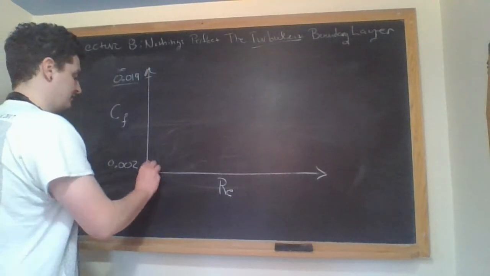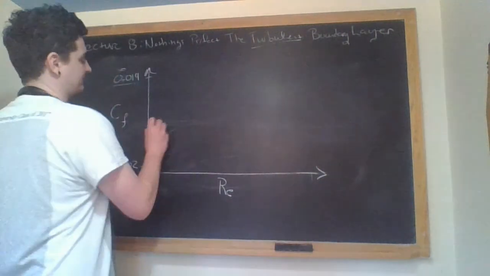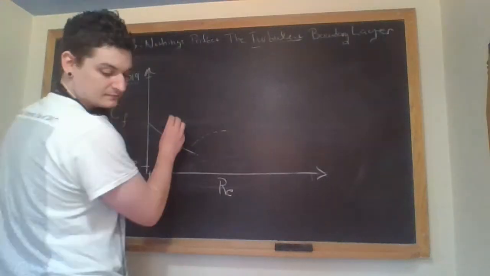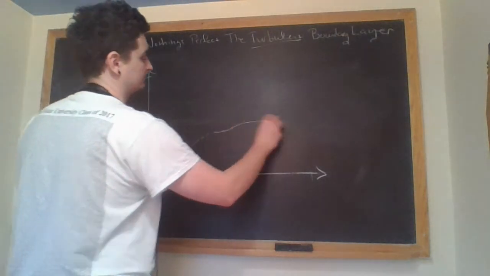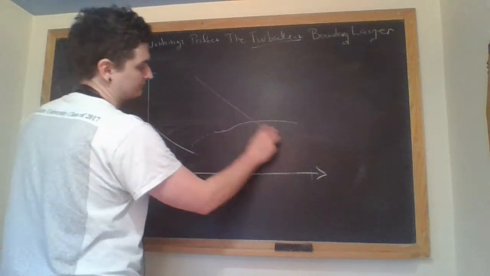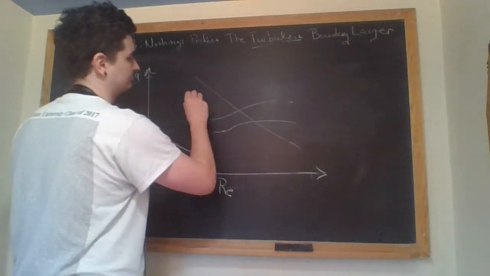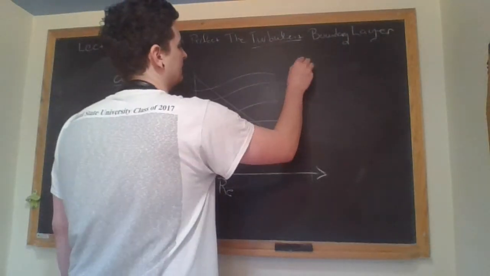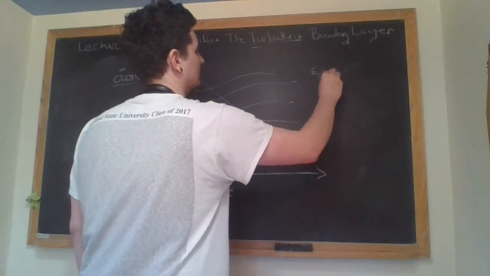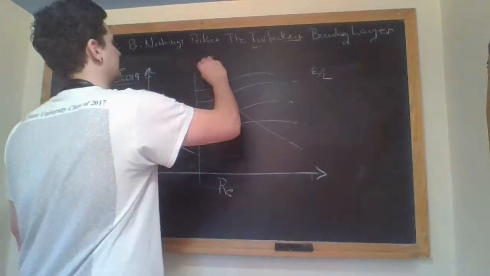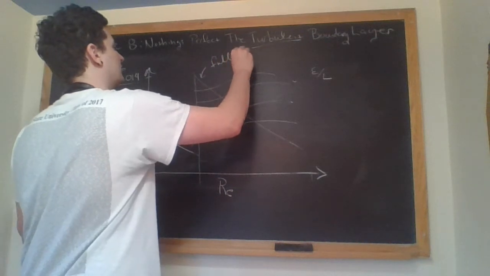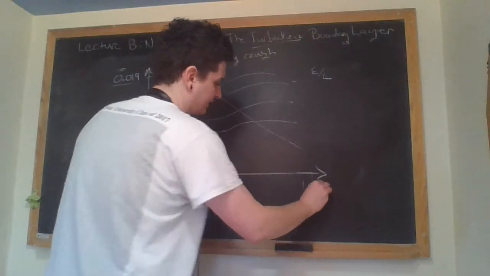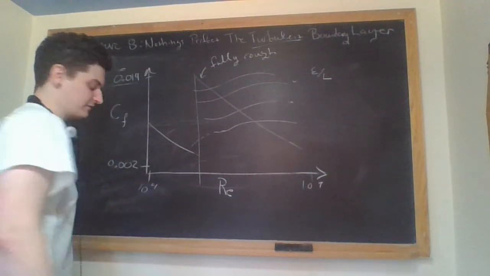So here, and then what you get is this sort of, where this is a roughness value over an L of a plate. This is your fully rough. This is like 10 to the 9. This is 10 to the 4 or something.